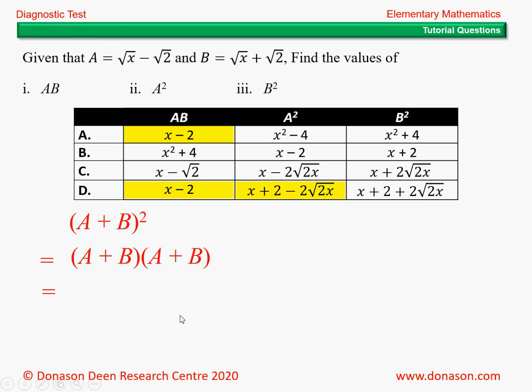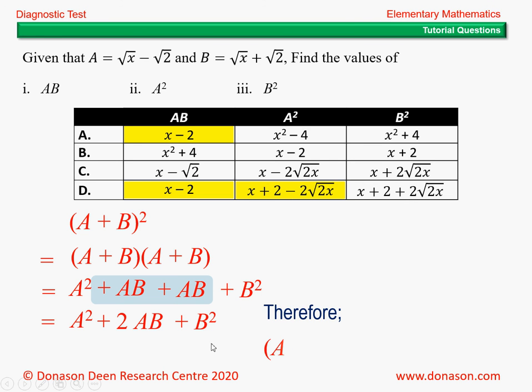And once again, if you expand, a times a is going to be a squared, and then you have got a times b, that's a plus ab, and plus b times a, that's a plus ba. Of course, when you write in alphabetical order, it should be plus ab, and the last term is plus b times plus b, that should be a plus b squared. And there's one ab plus one more ab, that's going to become altogether 2ab, right? And we have got a plus b squared.